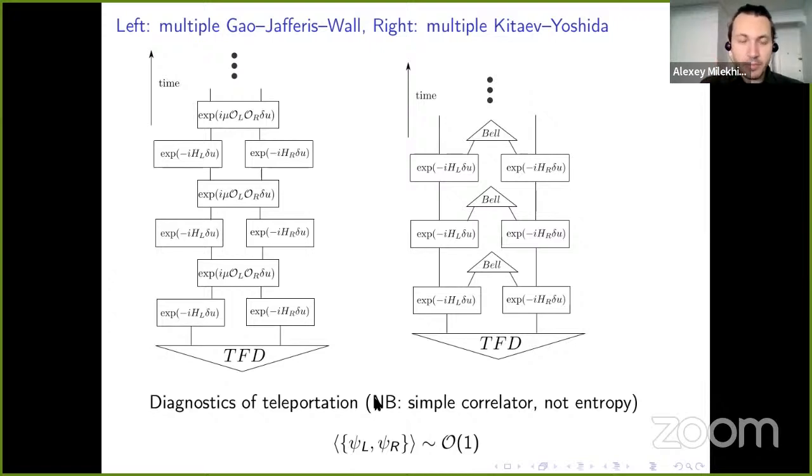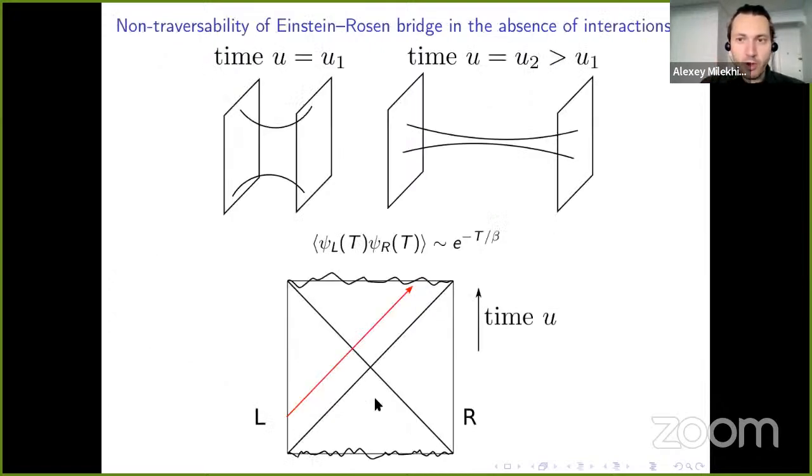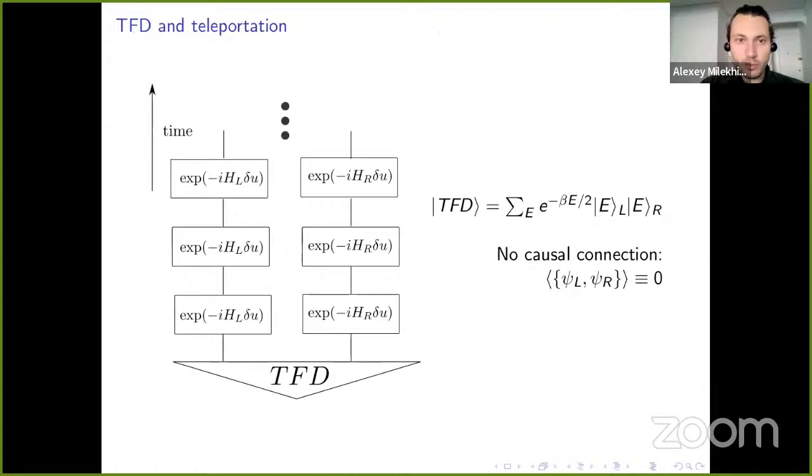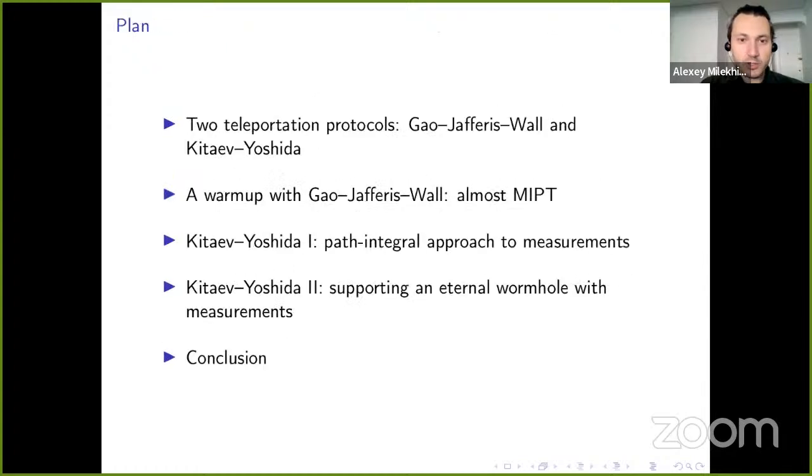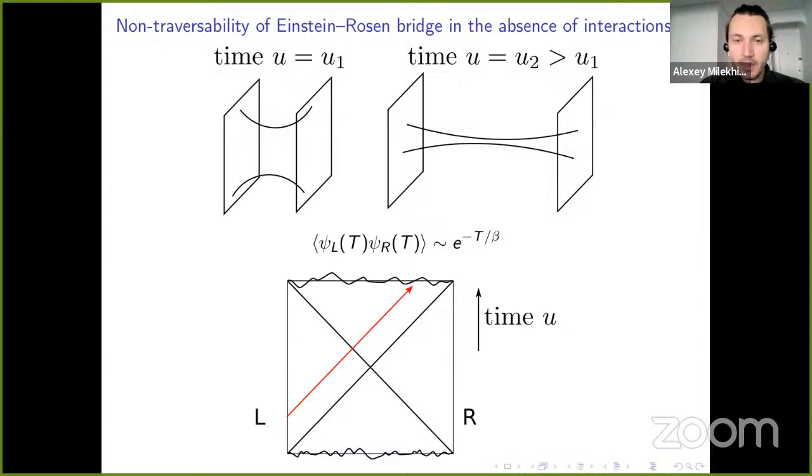A few years ago, I think it was 2016, when people first discussed the Gao-Jafferis-Wall, the interesting holographic thing about it is: how does the Gao-Jafferis-Wall interaction work in the bulk? It slows down the expansion of the Einstein-Rosen bridge. When you introduce an operator on the left and an operator on the right, it will send negative energy inside your gravitational system.